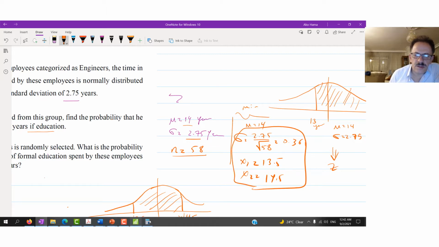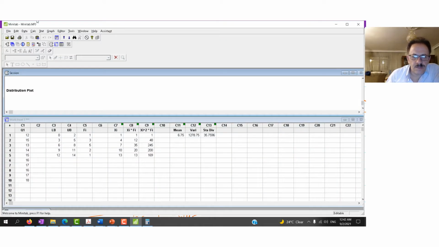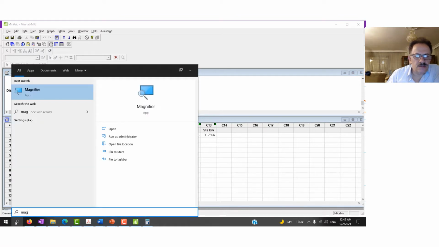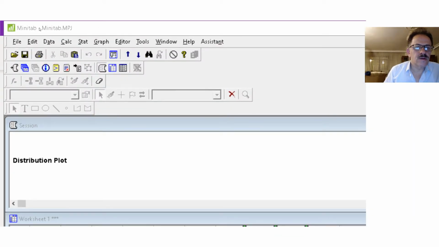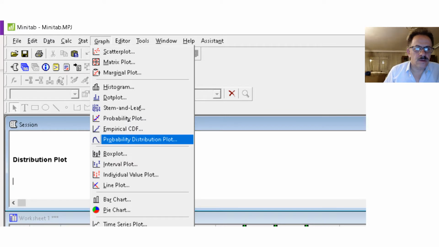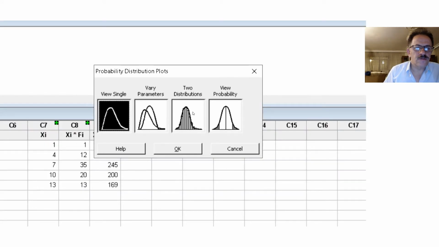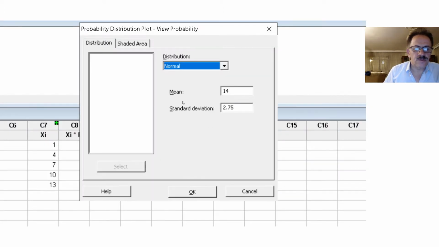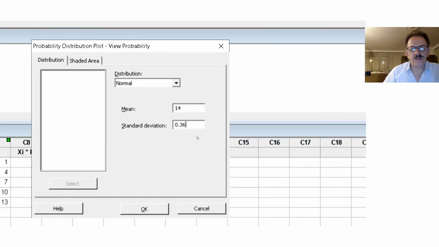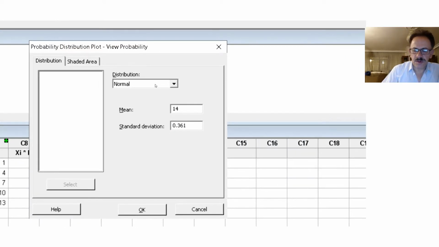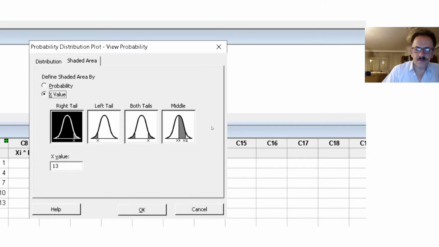So these data will be used in Minitab. We have to go to Minitab again. We go to the graph, and from the graph I go to the probability, and use this one, with the mean 14 and sigma 0.361.